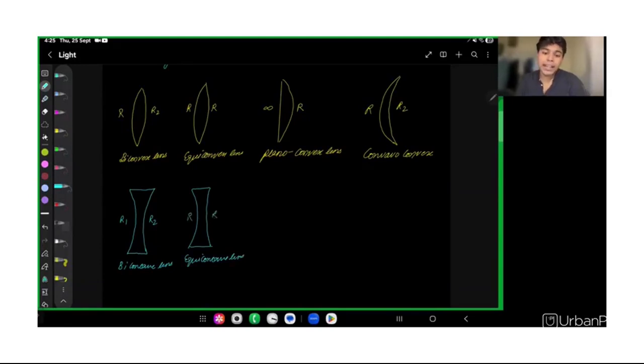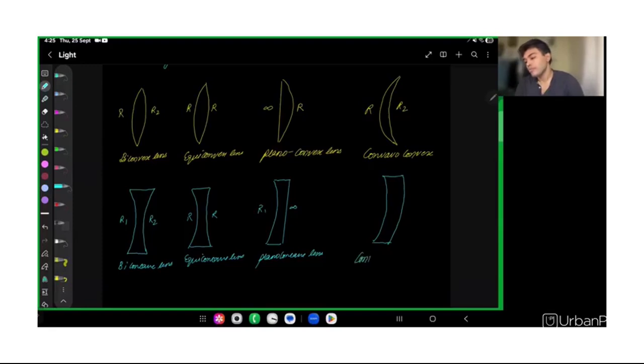Then plano-concave lens, R1 infinity. Then convexo-concave lens, one side is concave, one side is convex, right? I hope you got it.